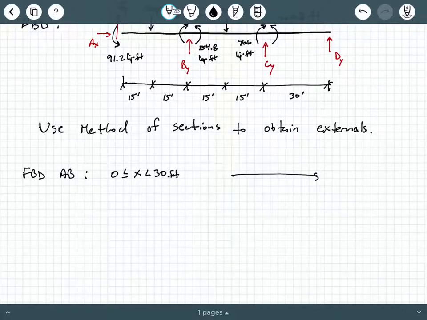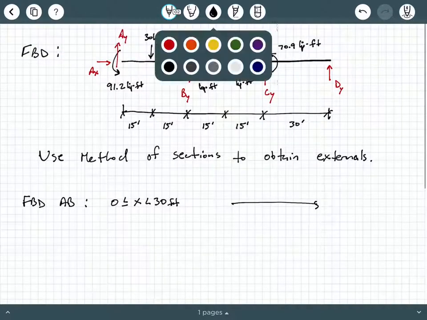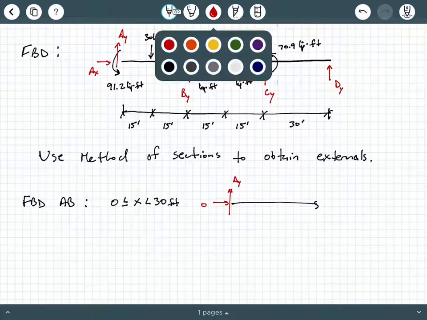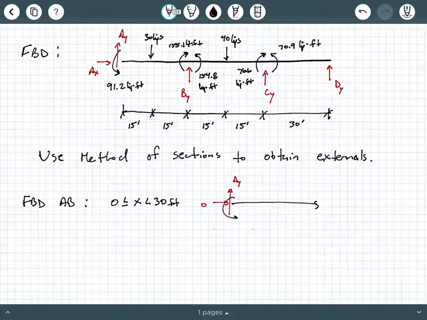So on that first free body diagram, I'm going to draw my little cut section right here. Can you tell what AX is for sure? Well, hopefully you can look at this entire free body diagram. You don't have anything in the X direction, so AX should be 0 here, and we have an AY right here, and then we have our moment that we calculated earlier, 91.2 kip feet.